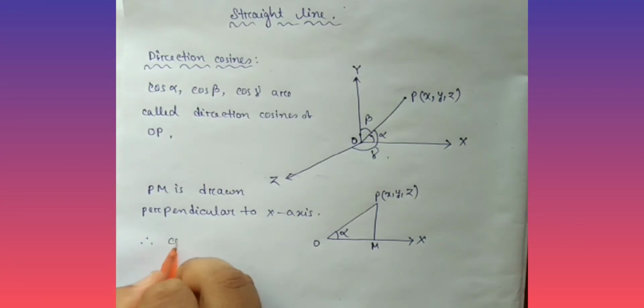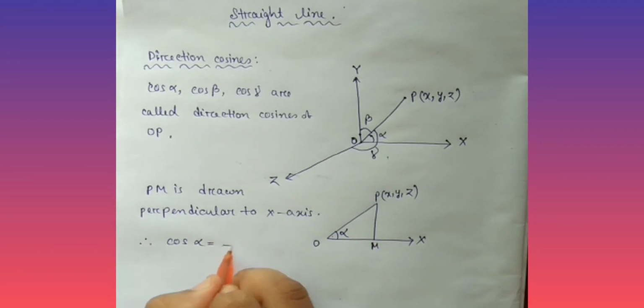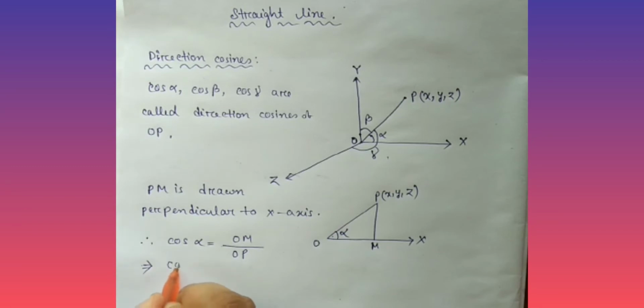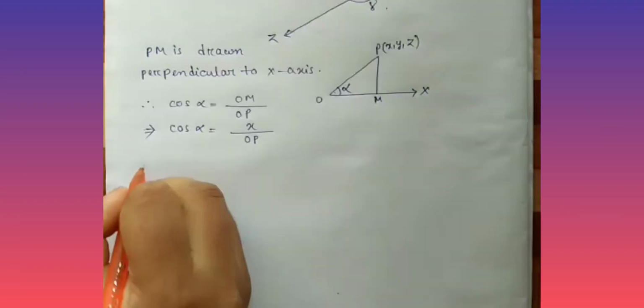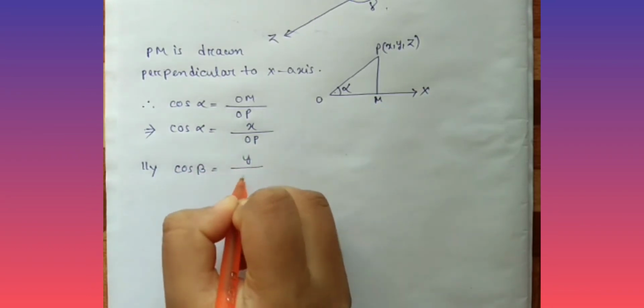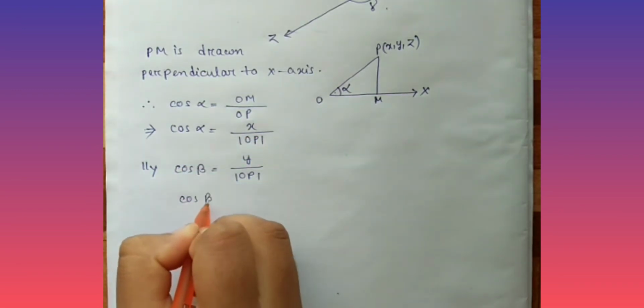From the figure, we have cos alpha equals OM by OP, where OM equals x. Therefore, cos alpha equals x by OP. Similarly, we get cos beta equals y by OP and cos gamma equals z by OP.